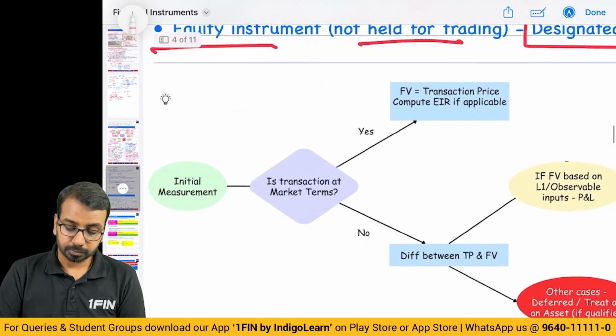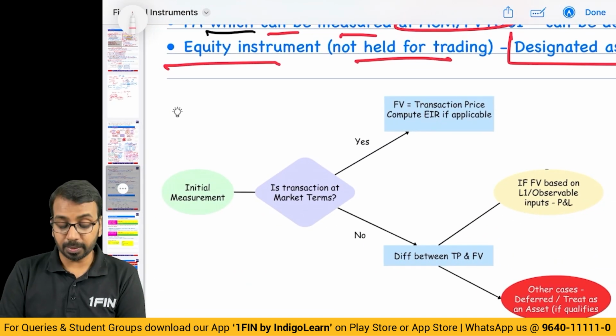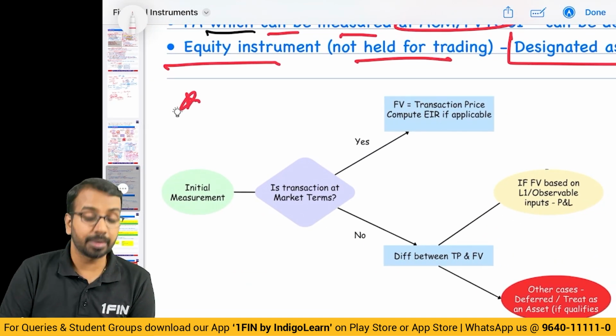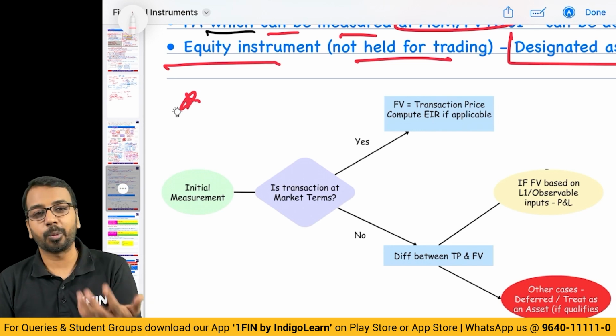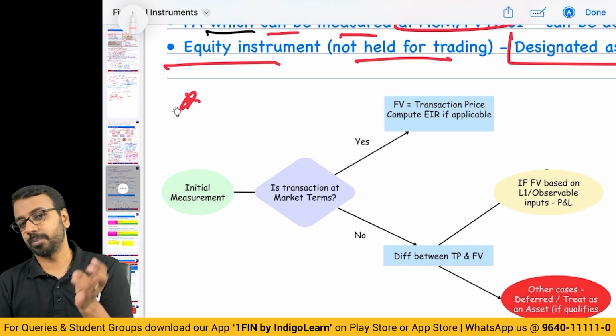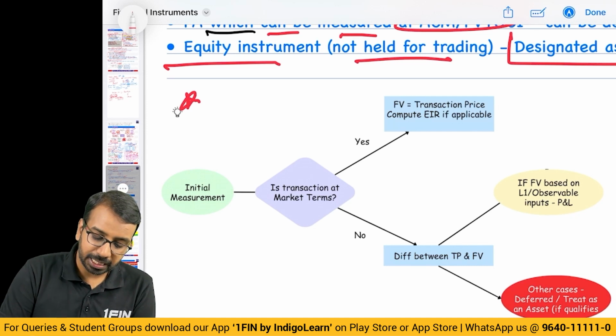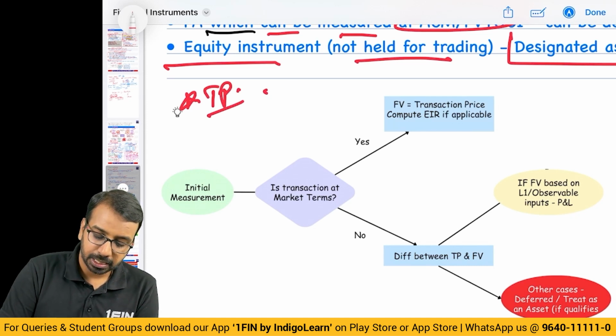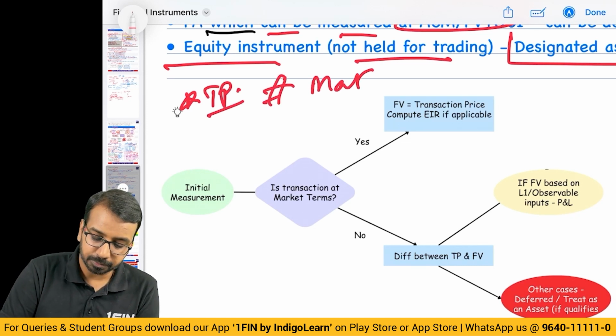Now, moving on, sometimes what happens is, and this is important from the examination point of view, you keep getting questions on employee loans, loans by a holding company to a subsidiary company and all of that. So, if the transaction price is not as per market, what is the meaning of that?